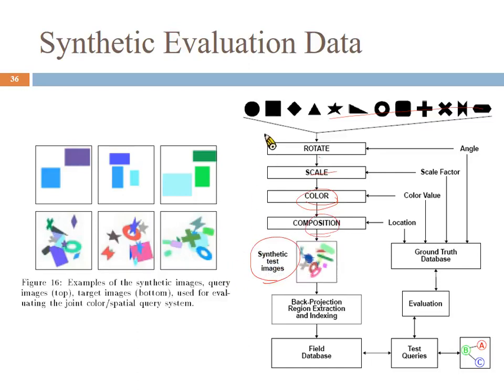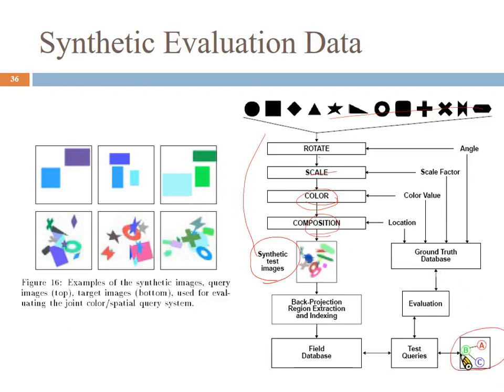And because the whole process is under control, we have the ground truth about where, for example, the green rectangle is, where the red circle is.